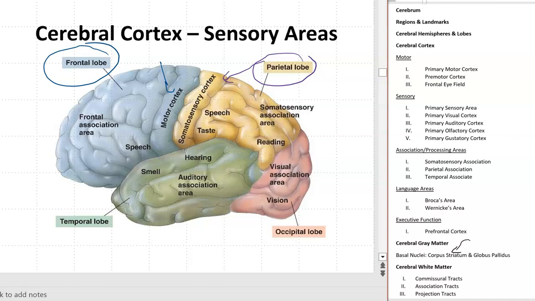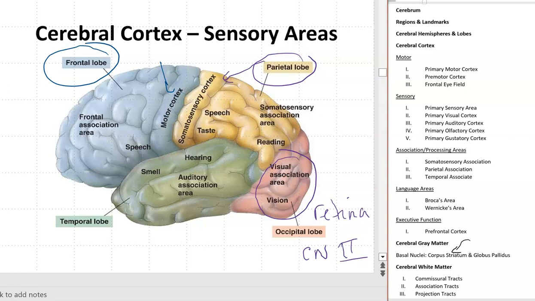So we have what's called our primary visual cortex, and our primary visual cortex is in the occipital lobe, and it receives input from receptors located on the retina. You've probably heard of the retina before. So the retina responds to light, and when it's stimulated, it forms a nerve impulse, sends it out your optic nerve, which you might remember is cranial nerve number 2. And it goes to this area of the brain for processing.